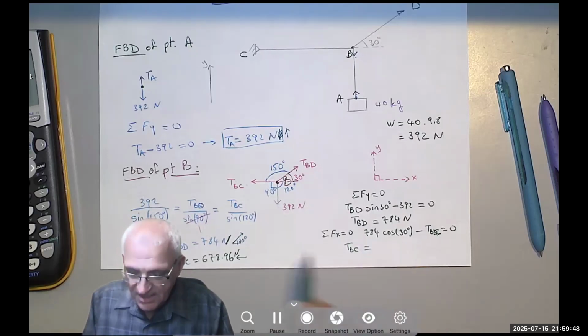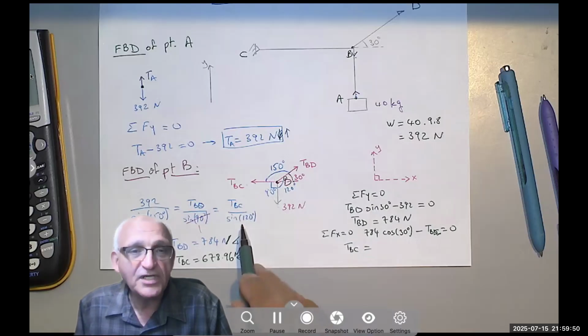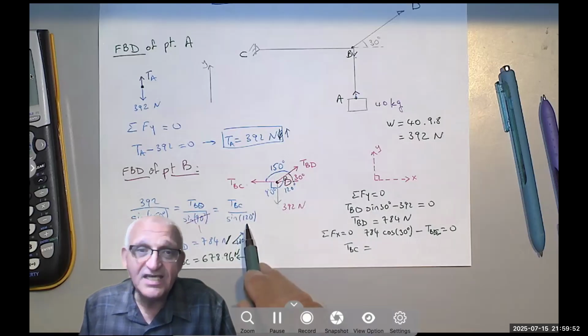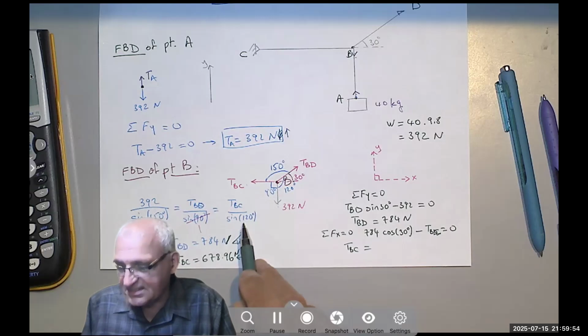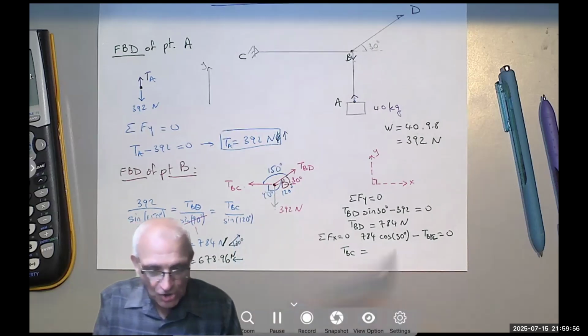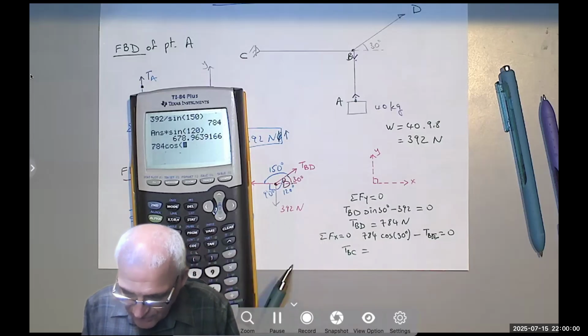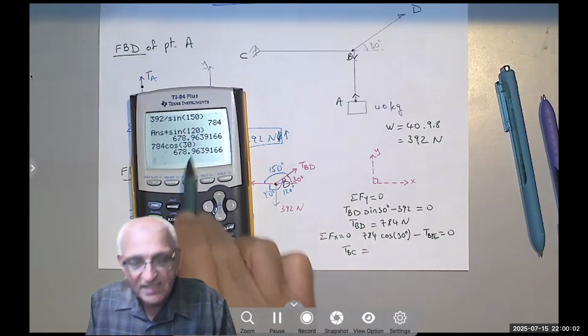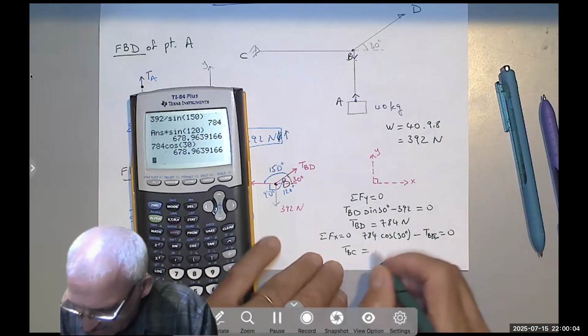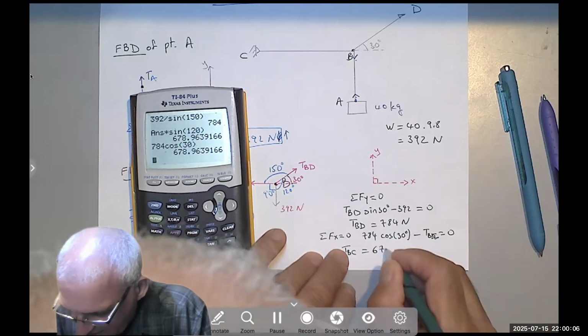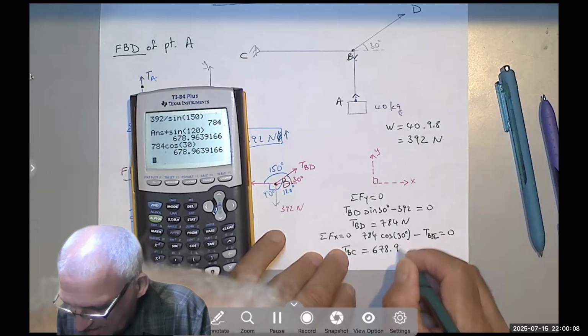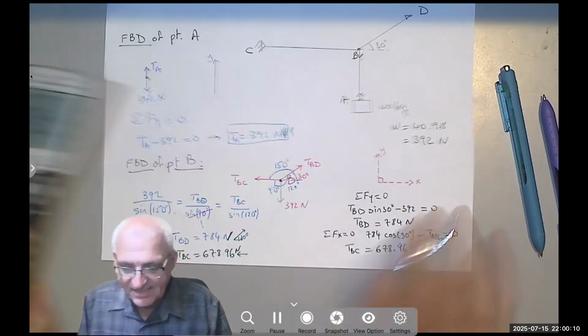Cosine 30 is the same as sine 120, because sine 120 is sine 60 and sine 60 is cosine 30. So again, if you say 784 cosine 30, absolutely you get the same result: 678.96 Newton, exactly as before.